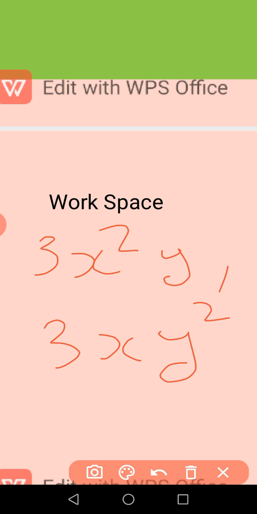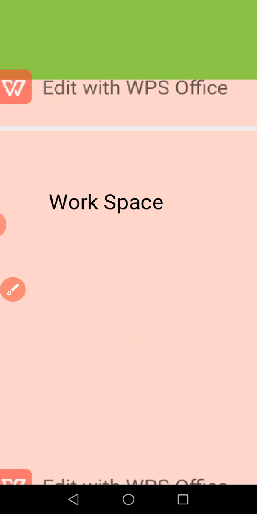Okay, then the next concept. Now you are familiar with monomial, binomial, trinomial, polynomial and like terms and unlike terms. Now we can look at the basic operations on algebraic expressions.